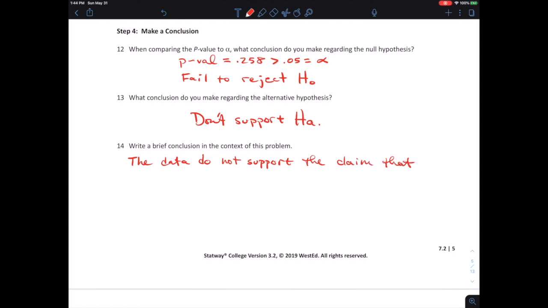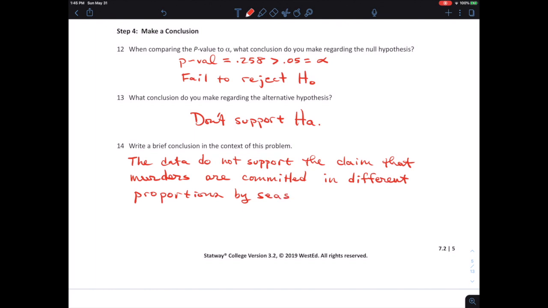I'm going to say murders are committed in different proportions by season. I don't know if that makes sense, but each season has the same number of murders, or the same proportion of murders, I guess is what I mean to say.